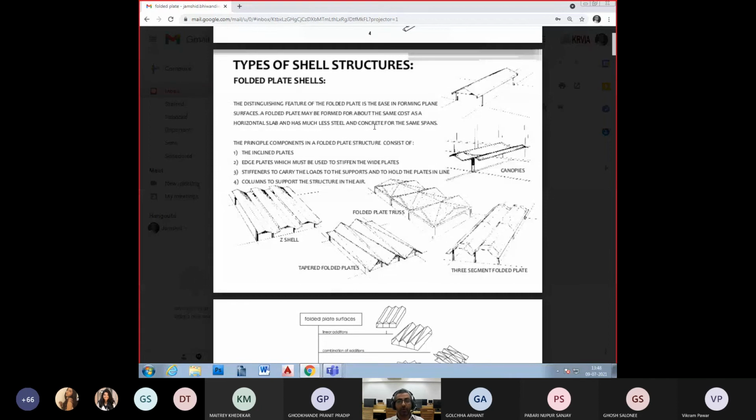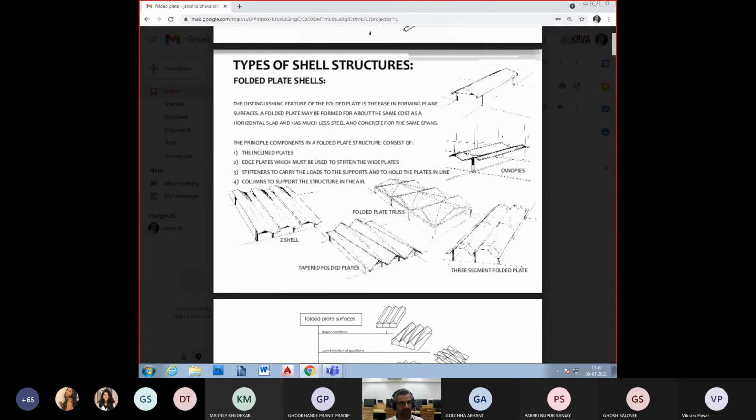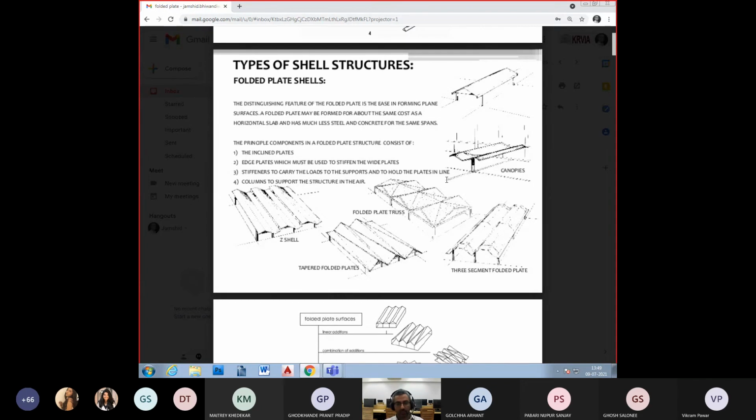Reinforcement literally comes down to mesh laid within this concrete depth, and that's how the economy of the structure is worked out.